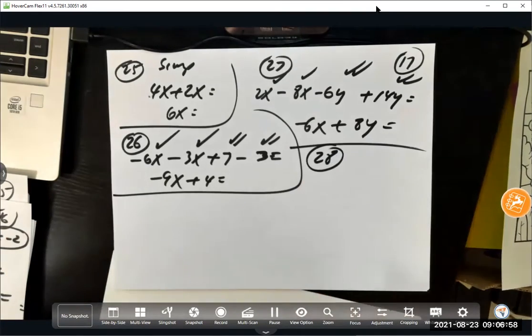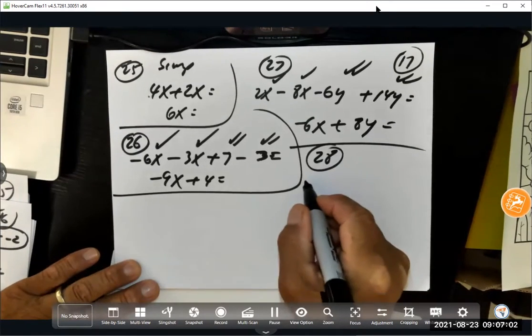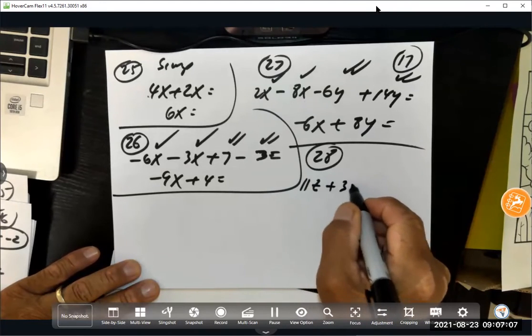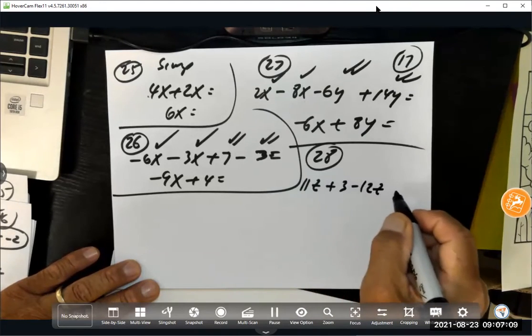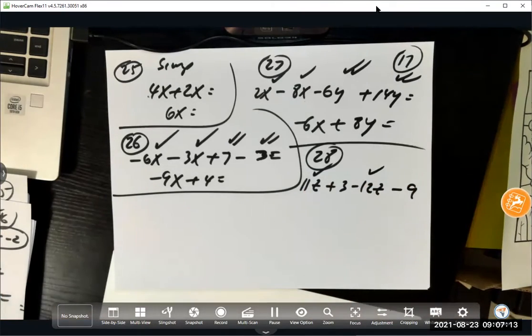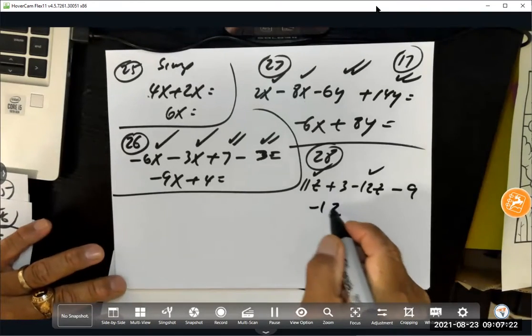All right, let's go to 28. 11z plus 3 minus 12z minus 9. I'm going to put the z's together. So 11z minus 12z. What is your guess? Negative z. Yeah, negative 1z, correct.